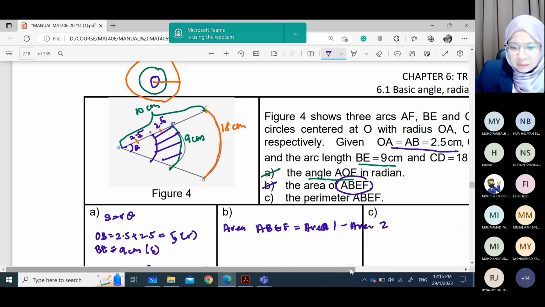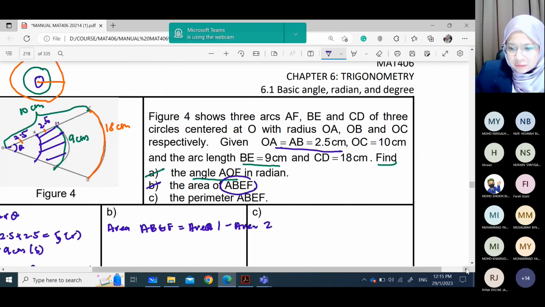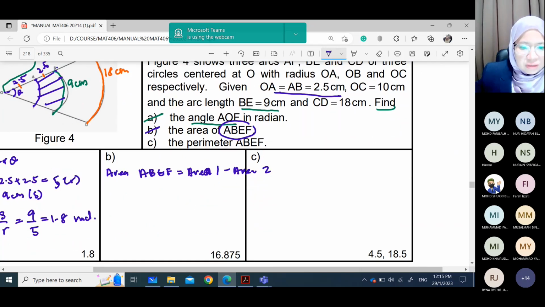Okay, jom kita cari area sama-sama. Okay, so first kita kena cari area 1. So area 1 sama juga dengan 1 over 2 R squared. So R squared area 1, OBE, yang kali hijau ni, 1 over 2, radius dia adalah 5 squared.